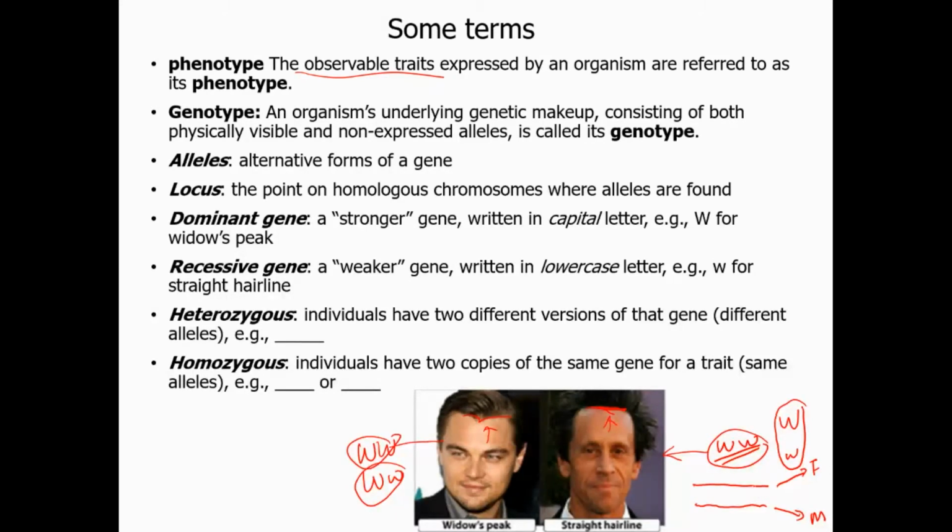So let's say the hairline gene is located on this particular chromosome, on this section right here. So this could be a big W, a little w, at this location. Now we can use letters and numbers to indicate that location. So that's going to be the locus for the gene that controls your hairline.